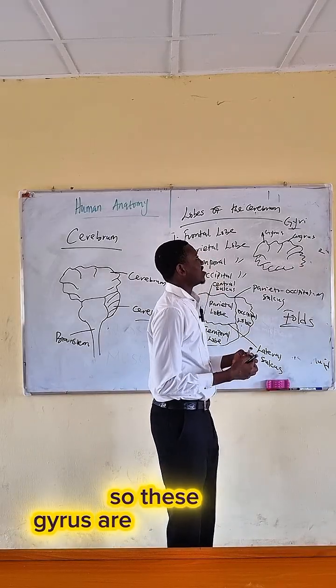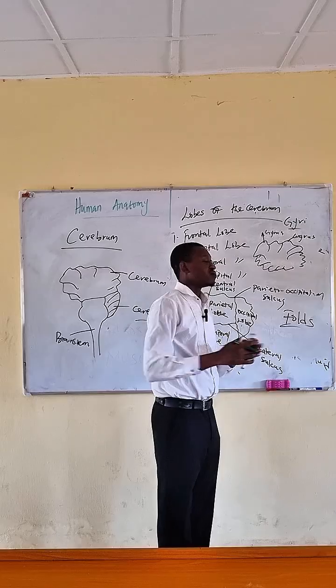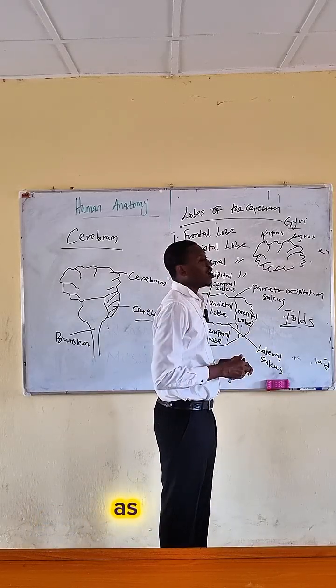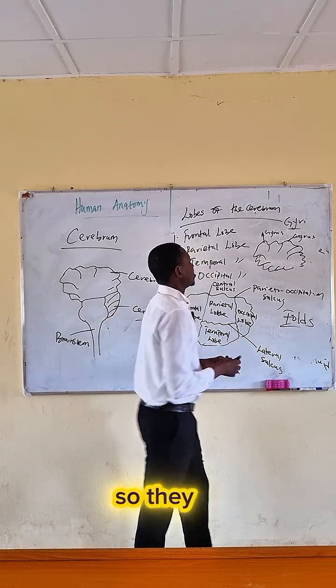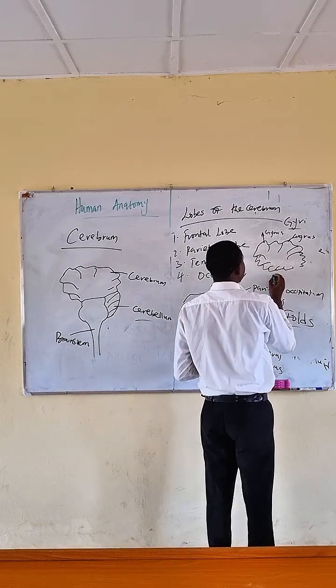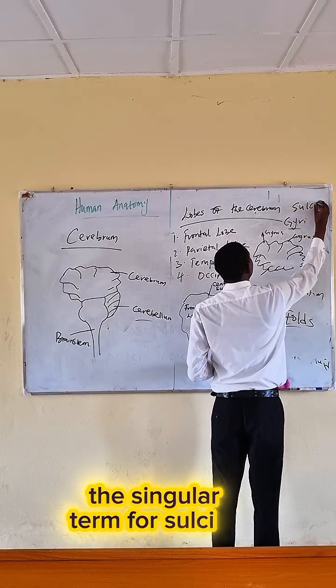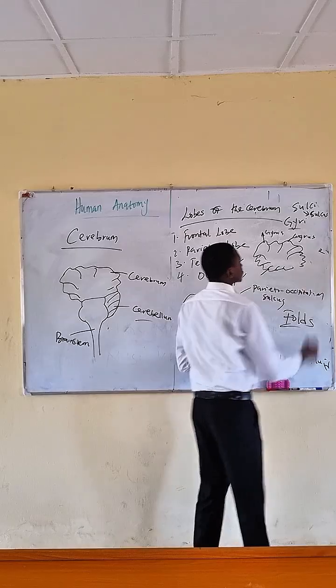So these gyri are separated by a shallow space known as sulci. The singular term for sulci is sulcus.